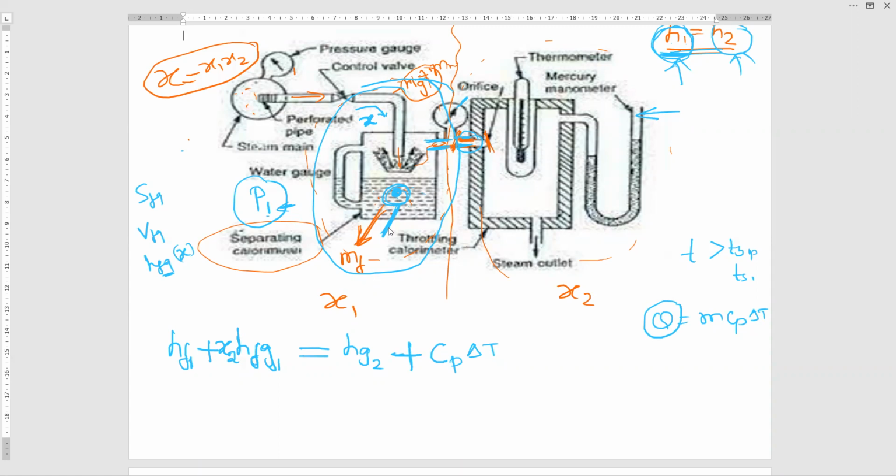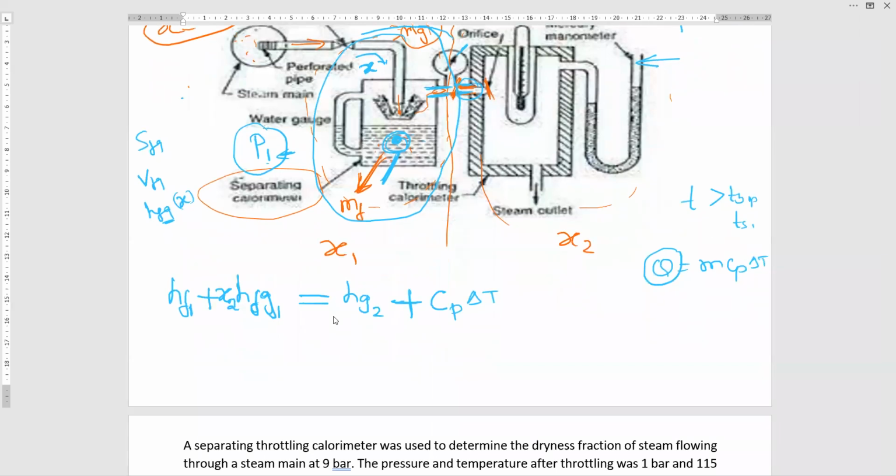Cp delta T. So HF1, I will write once again: HF1 plus X2 HFG1 is equal to Hg2 plus Cp. Now the question is, what is Cp? Cp is the specific heat of that steam, and this will be given in the numerical.